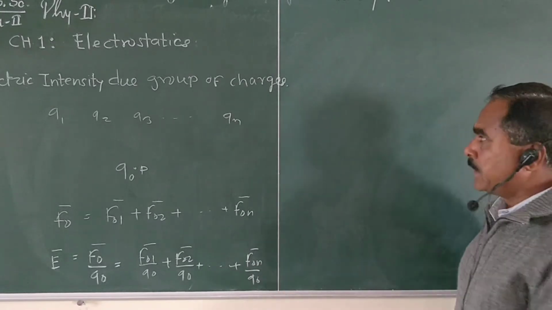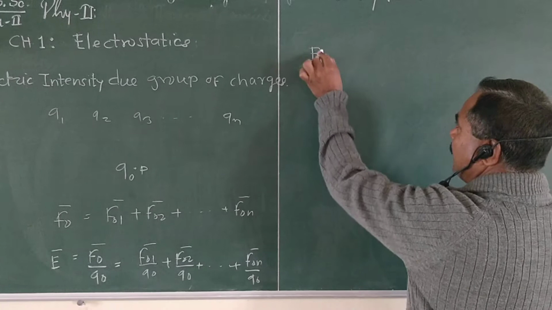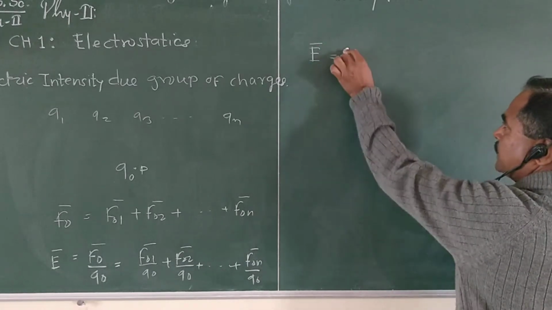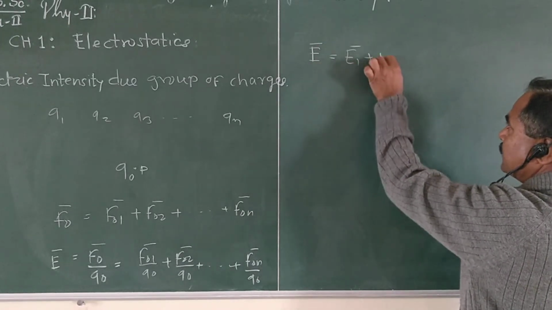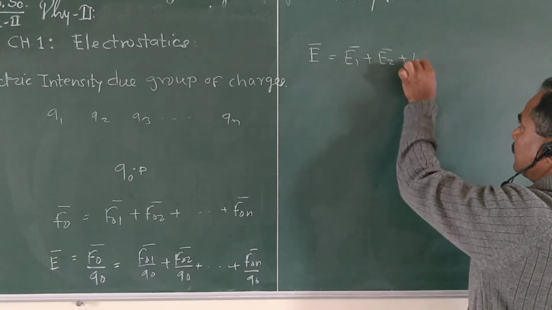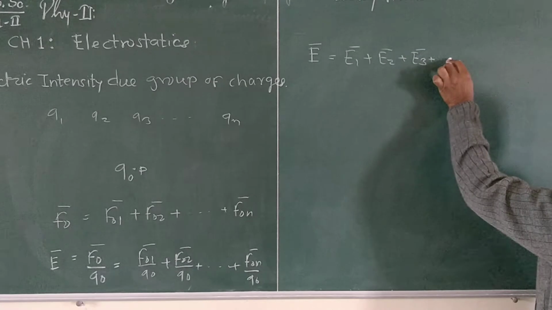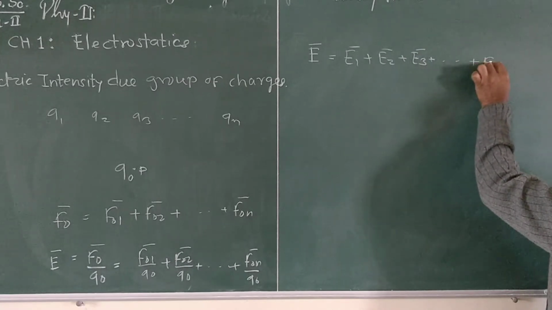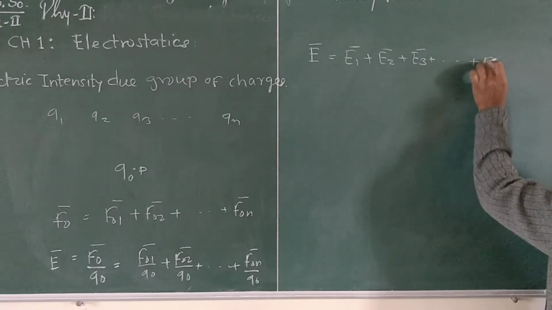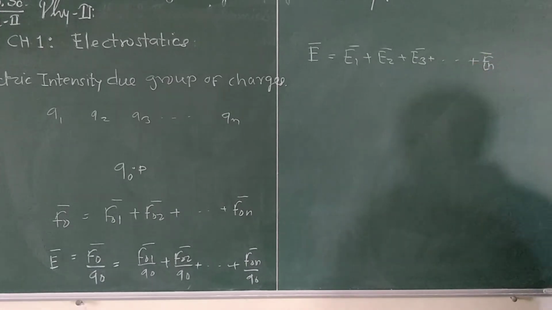So we directly write the electric intensity E bar equal to E1 bar plus E2 bar plus E3 bar plus up to En bar.